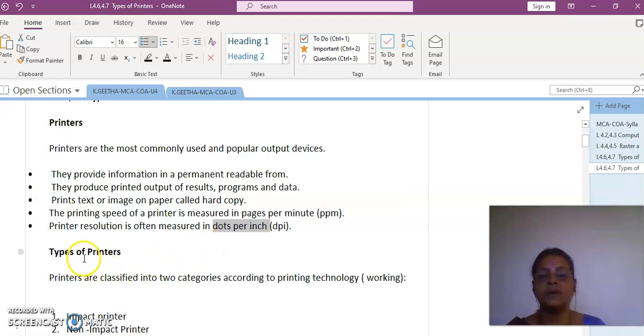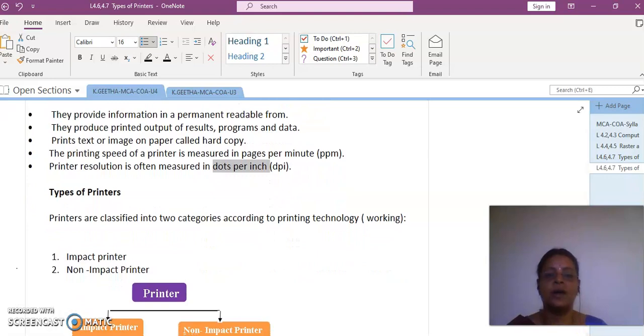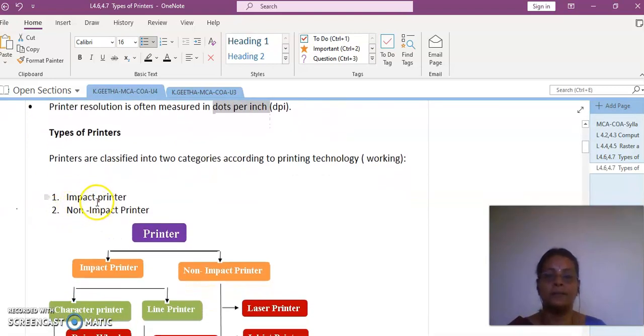Now coming to the types of printers, we are going to classify the printers into two categories based on the technology we are going to use. One is called the impact printer, another one is called the non-impact printer. So what do we mean by impact printer? We have the print head and we have the paper. If the printhead is going to touch or give an impact on the paper, and thereby is able to produce a printout, it is making use of this impact technology.